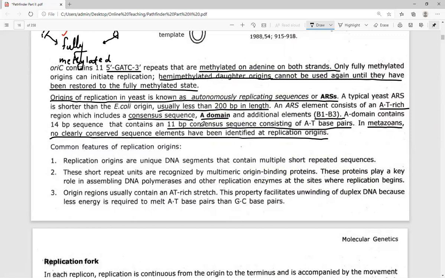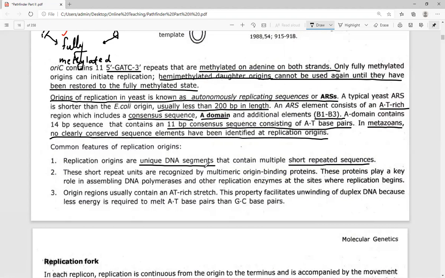Some common features of the replication origin are as follows. What are the common features associated with the origin of replication in eukaryotes? First, replication origins are always unique DNA sequences that contain multiple short repeated DNA sequences.